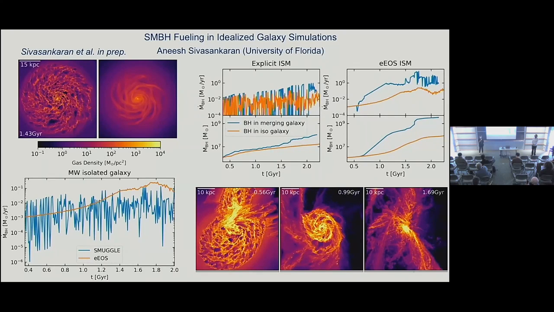Because we care about what the black hole mass distribution looks like. Well, at least for gravitational wave background calculations, we care about the end results. And if we can get there and we can have physical accretion rates along the way, we might be able to arrive at some physical binary distribution.